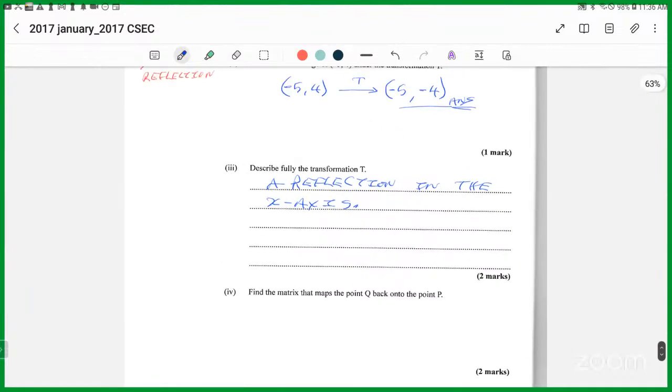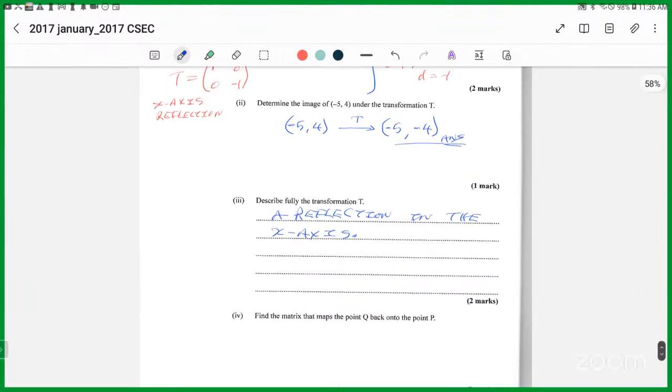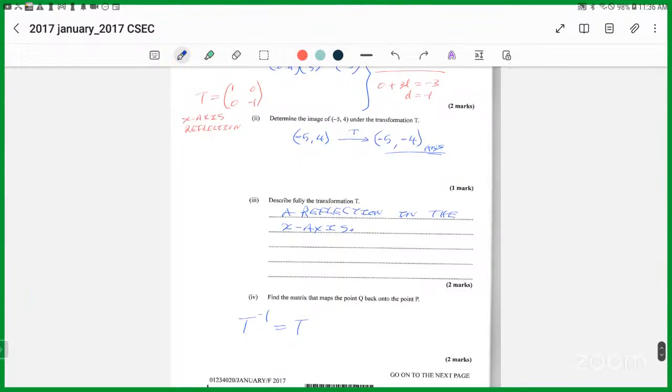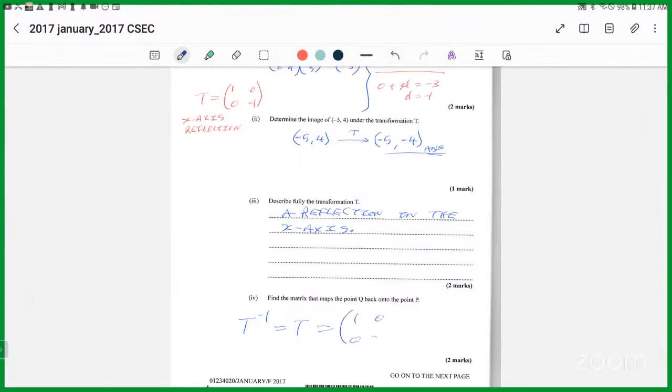So this doesn't need any calculation either. If you have that advanced knowledge, that the inverse of a reflection is the same reflection, then the inverse of T, T to the minus 1, will be equal to T. If you actually calculate the inverse of this matrix T, you're going to get back the same values. So the matrix that will map Q back to P is the inverse of T, which is equal to T, the same matrix: 1, 0, 0, minus 1, and it makes sense.